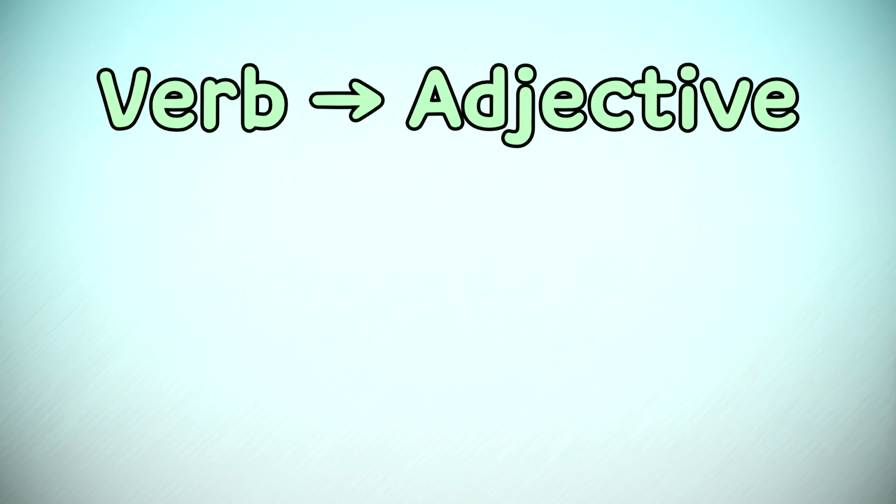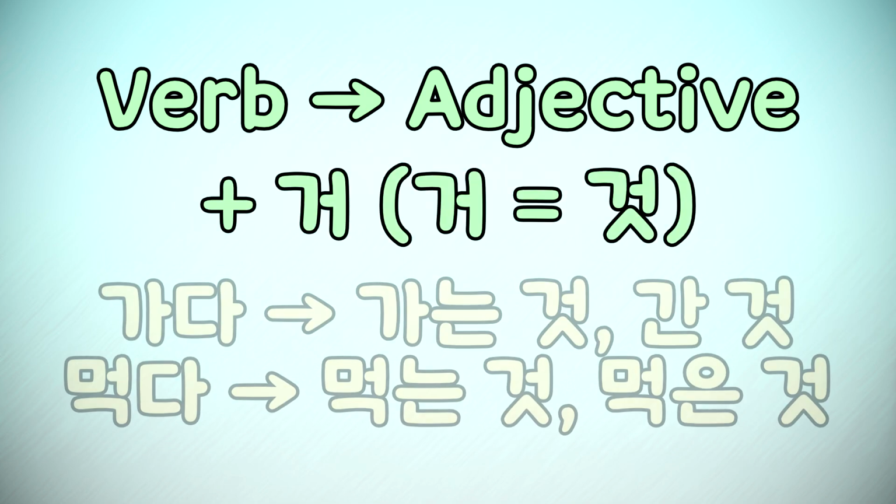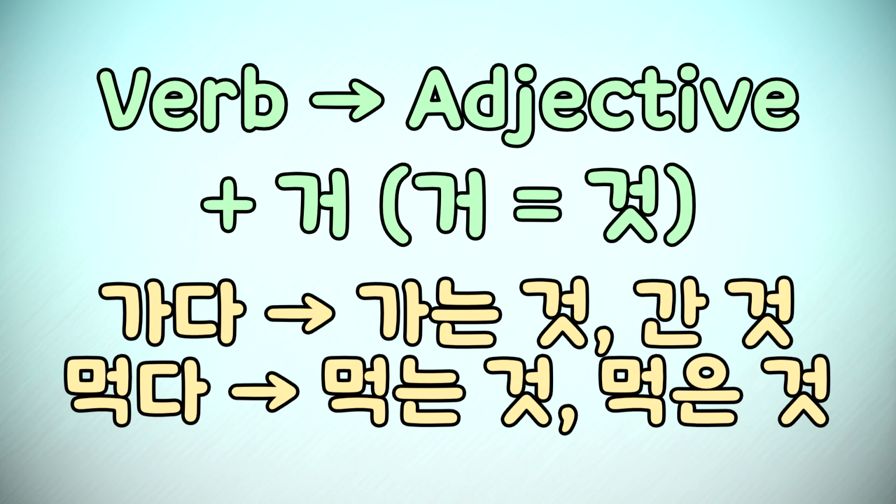Just conjugate any verb into an adjective as usual. This can be in the present tense or in the past tense. Attach 것 and you're done. For example, 가다, meaning to go, would become 가는 것 in the present tense or 간 것 in the past tense. 먹다 would become 먹는 것 in the present tense or 먹은 것 in the past tense, and so on.